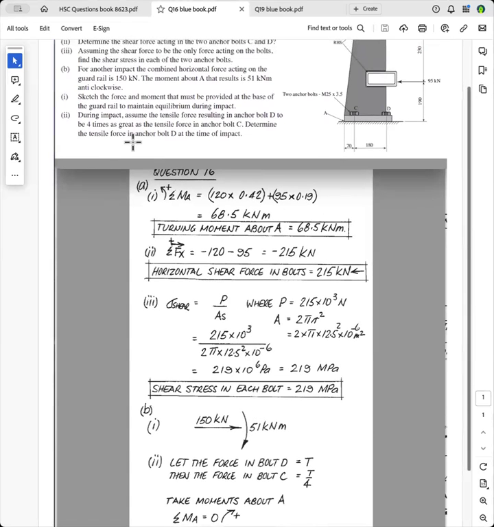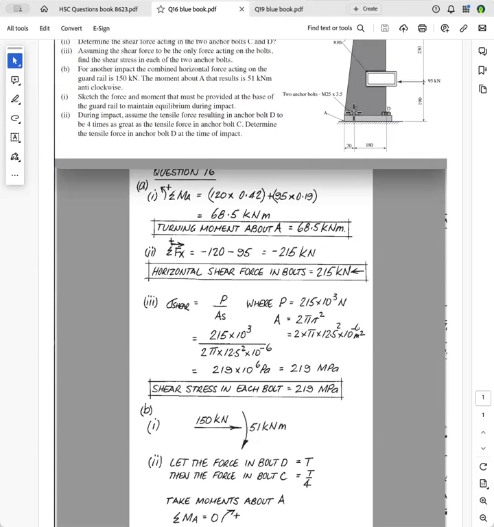And next question, during impact, assume the tensile force resulting in anchor bolt D to be 4 times as great as the tensile force in the anchor bolt C. So this is absorbing 4 times the force of this bolt here, the tensile force.